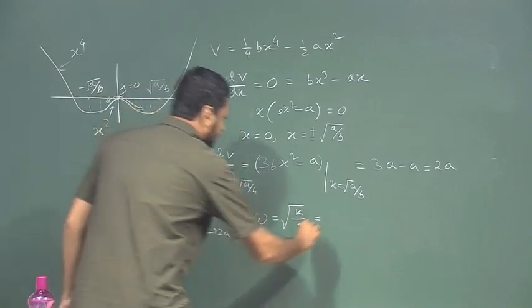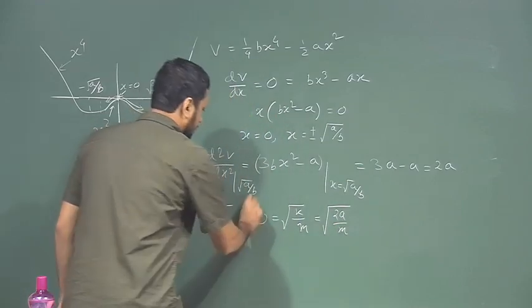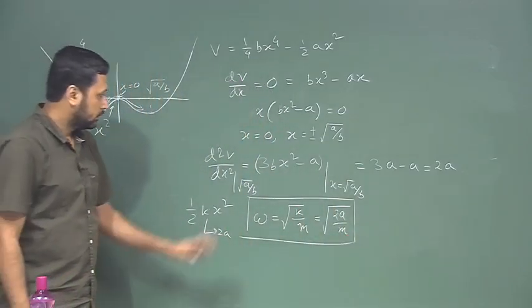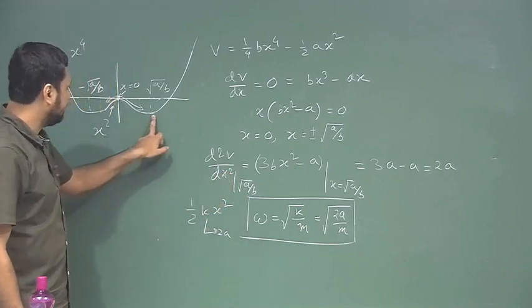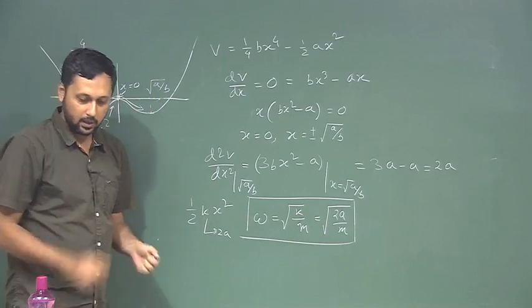So, in this case frequency will be root over 2a by m. Okay. So, this is your final answer. Whichever minima you choose, you will have this frequency for small oscillation. Fine.